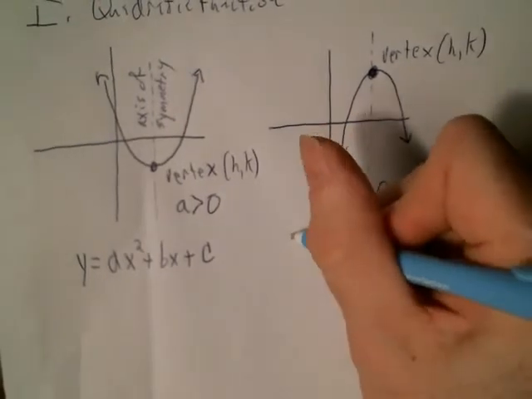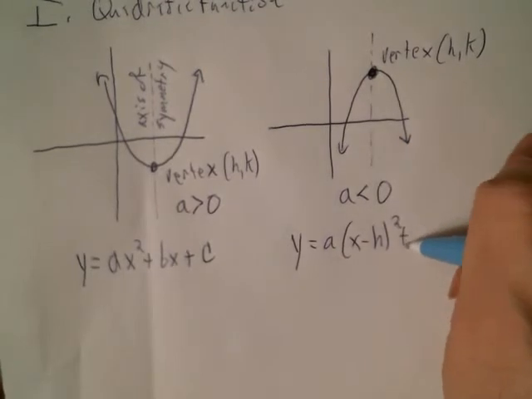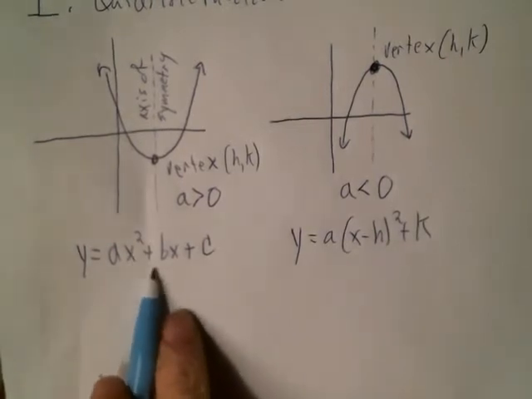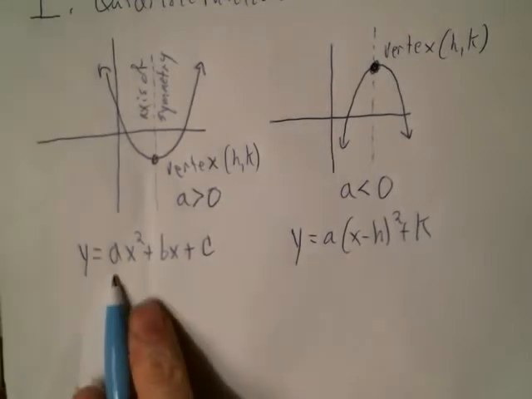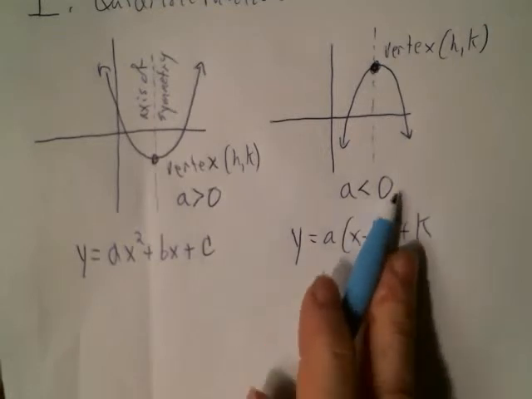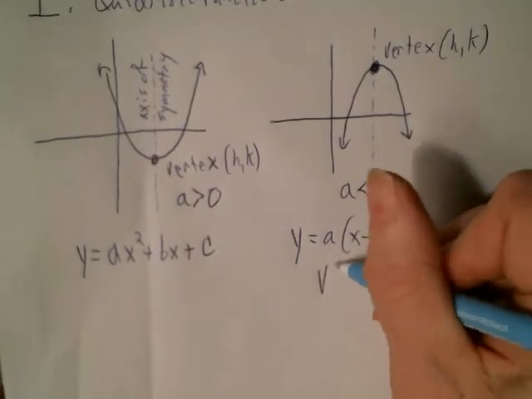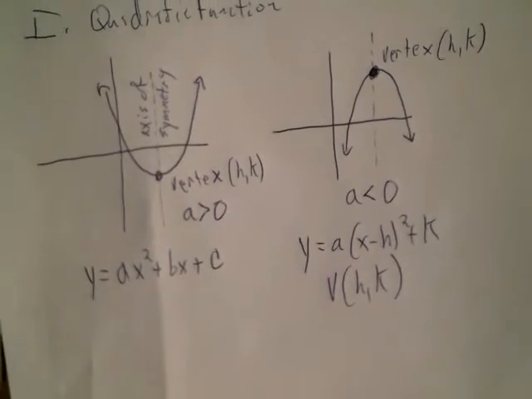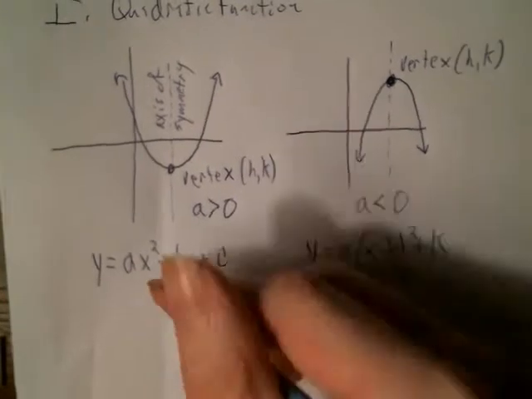Okay. The other form is y equals a times x minus h squared plus k. If you FOIL this out, you'll just get this form here. The a value works the same way as it does over here. The benefit of this form is you're automatically able to see what the vertex is just by looking at it. The vertex is going to be h comma k. Over here, that's not the same deal, but you can still get the vertex if you do a little bit of work.